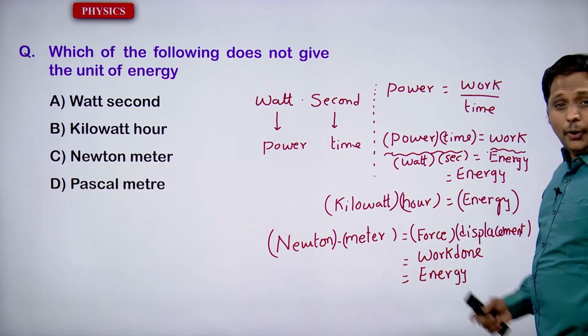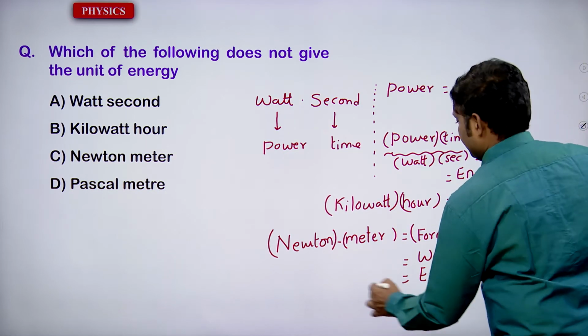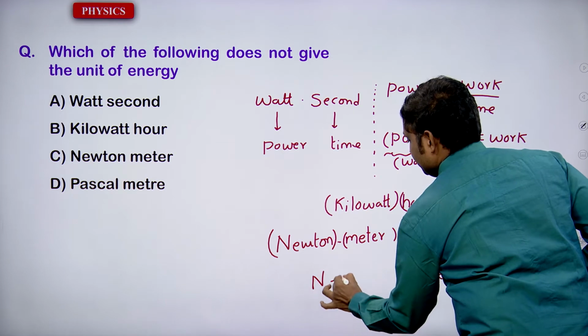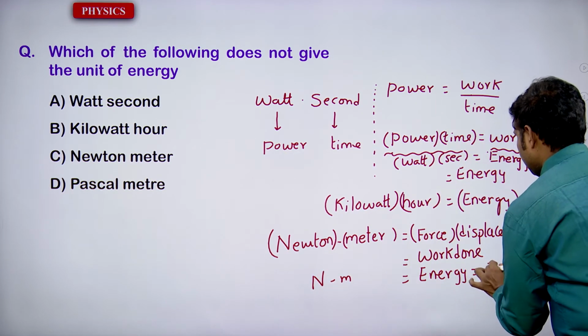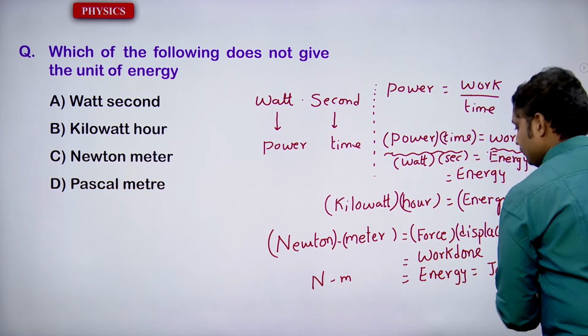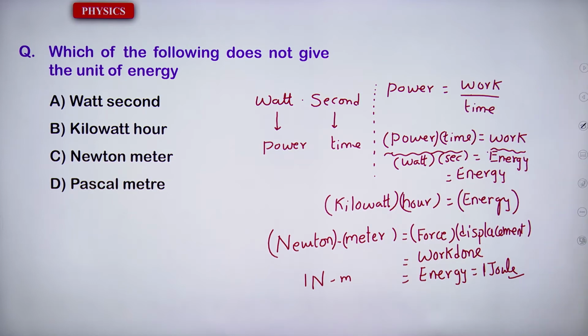So, from the given options, it is very clear that Newton meter represents energy, that is joule. If you take 1 Newton meter, it is going to be 1 joule. Everyone has to identify this one. We started from the beginning with watt second, that is very clear. Kilowatt hour is power consumption and measurement.